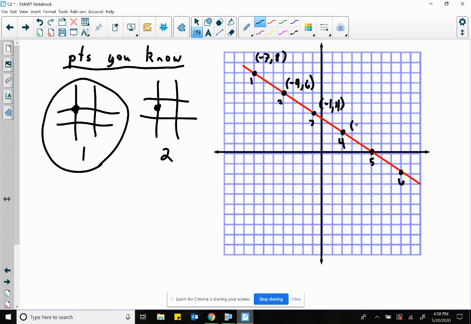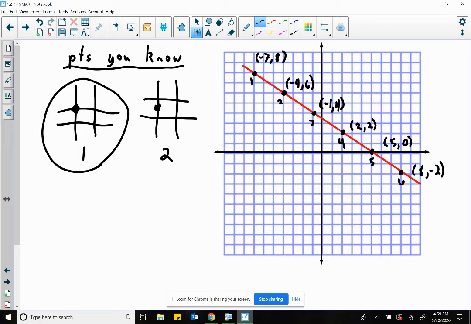This is 2, 2. And 5, 0. And this one is 8, negative 2.